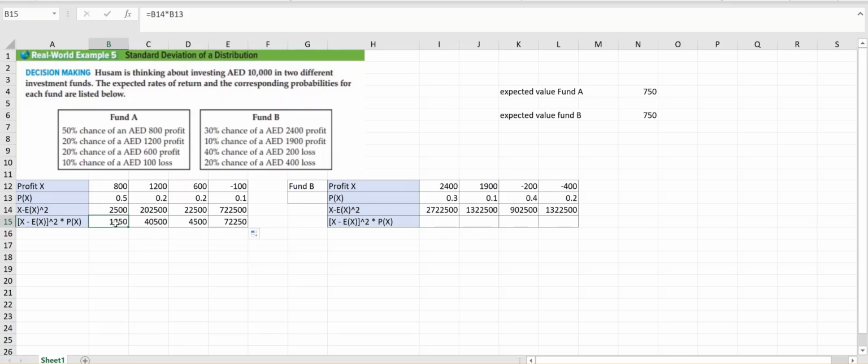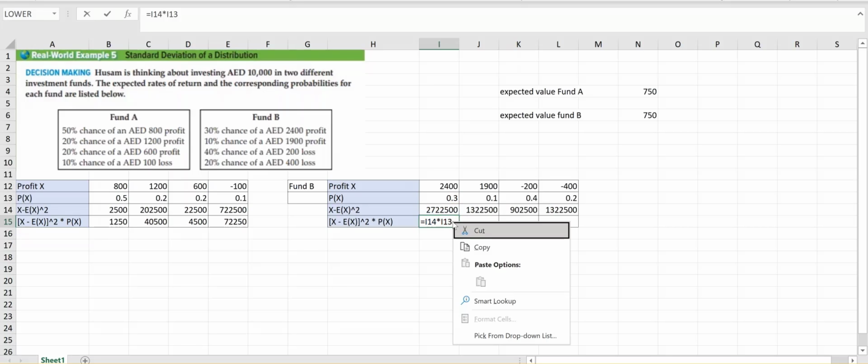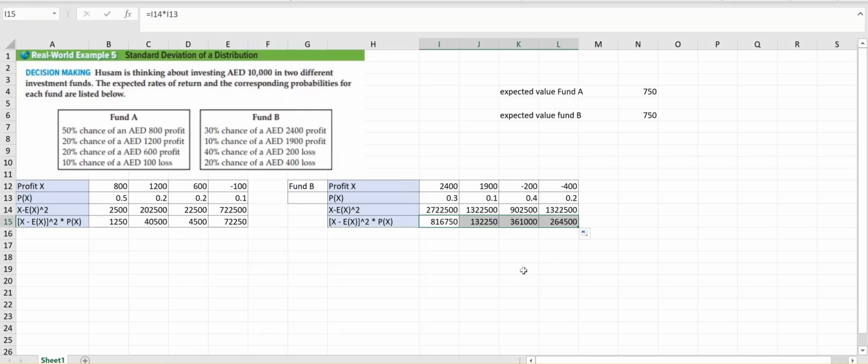The formula is equals this column multiplied by our column above, and then we can just copy and drag that across. So 816, 750, 132, 361.